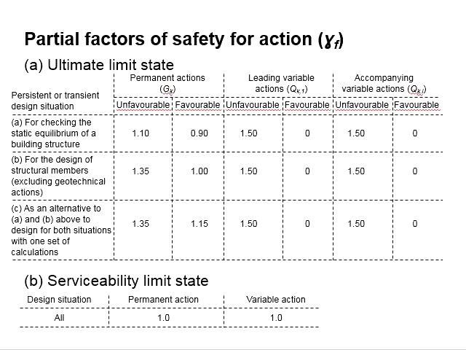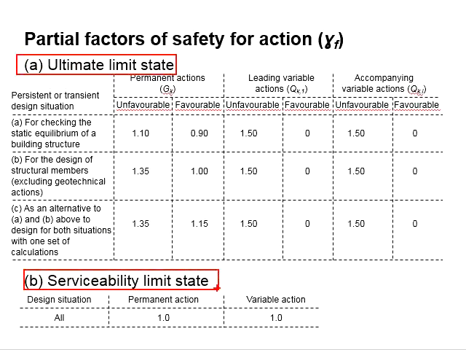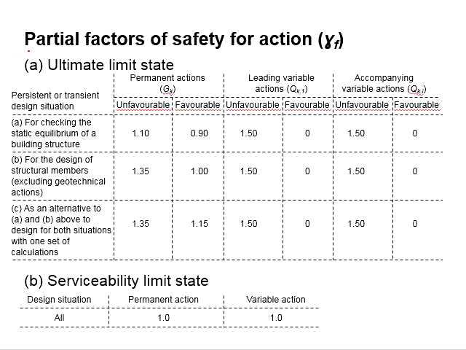This slide outlines the partial factor of safety of the actions at the ultimate limit state and serviceability limit state. The ultimate limit state refers to the critical state of the structure beyond which the structure becomes unstable and endures significant damage and collapse.